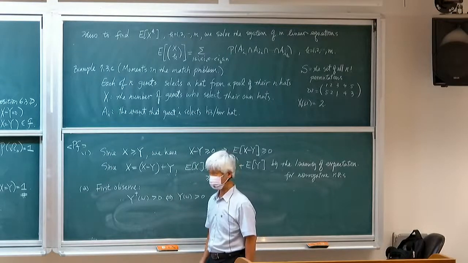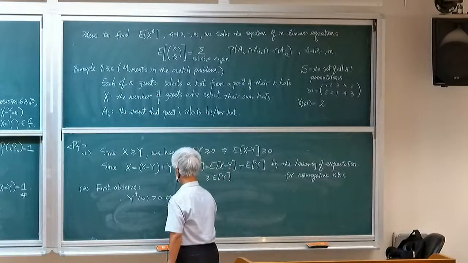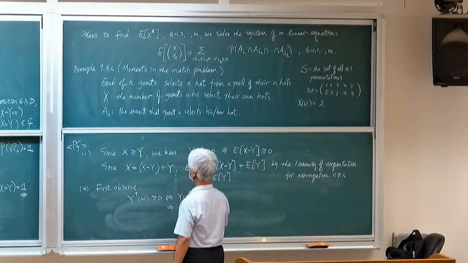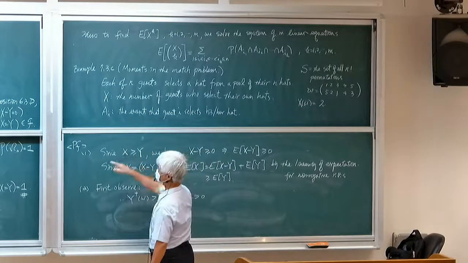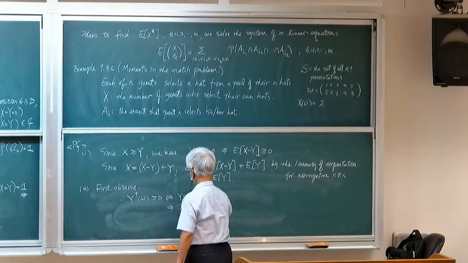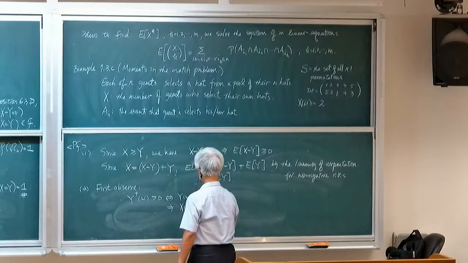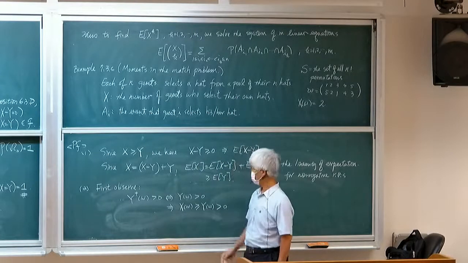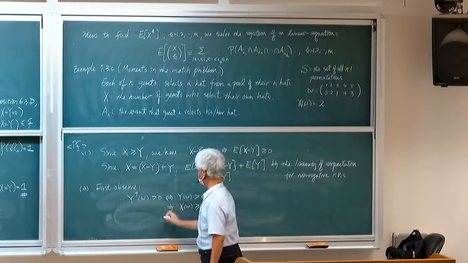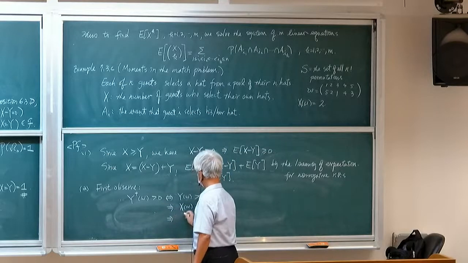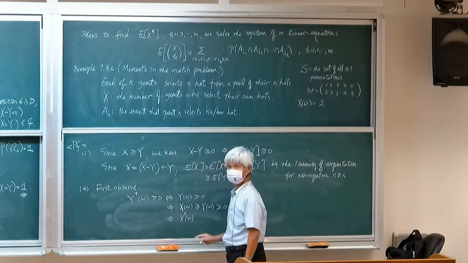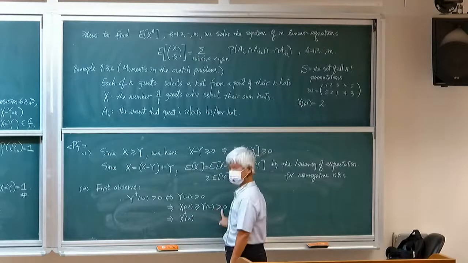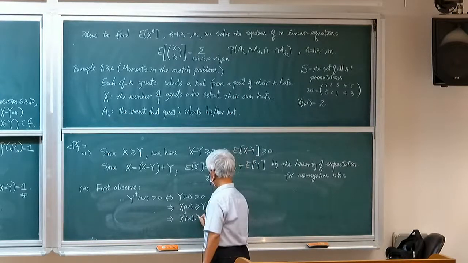But as we know, x is greater than or equal to y, so this means x omega is greater than or equal to y omega, which is greater than 0. So for this omega, this is equal to x plus omega, because this is greater than 0. So x plus omega is greater than or equal to y plus omega.